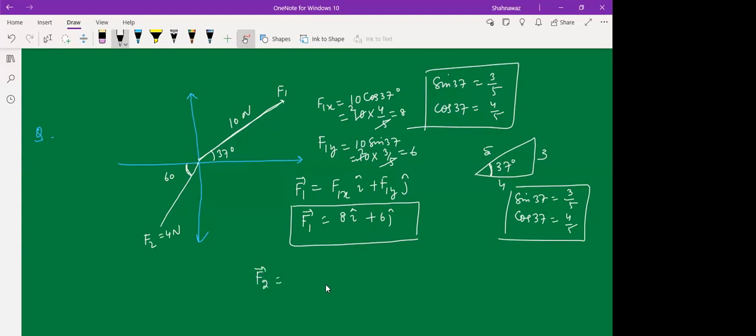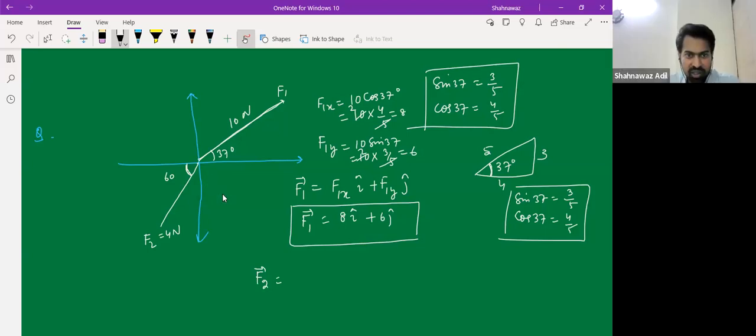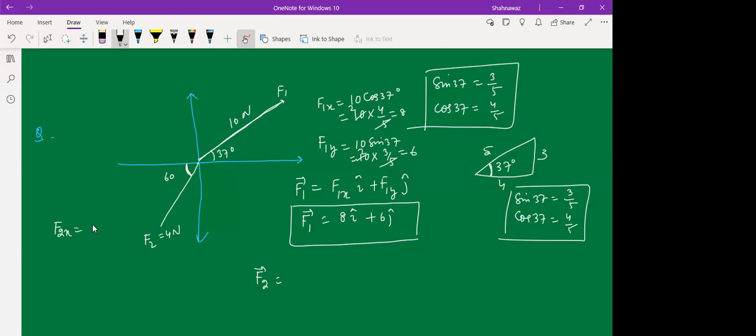F2. There is an important thing that we need to take care of for the case of f2. So we have to be careful with this f2 part. First you tell me what is f2x. F2x will be minus i cap.